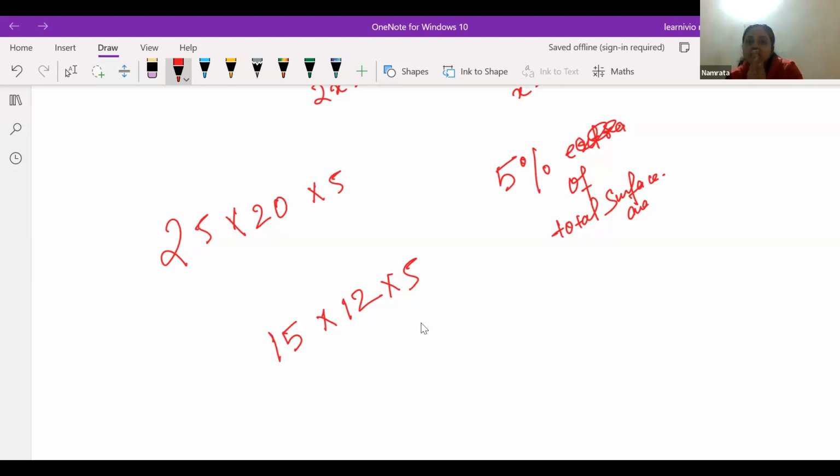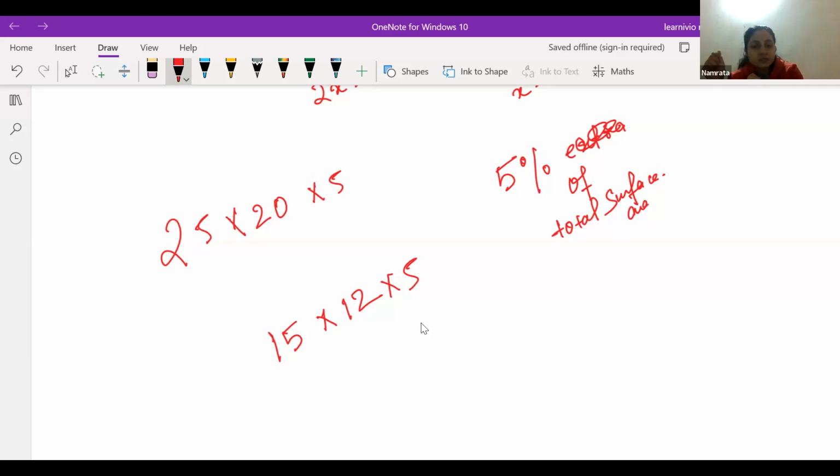Suppose I want to stitch a shirt. For stitching a shirt, maybe a specific 100 centimeter of cloth is required, but I need to consider the cutout portion accordingly when I take the piece of cloth.